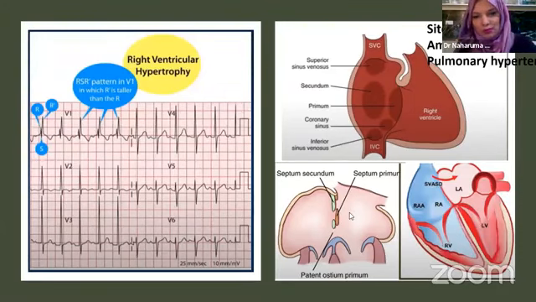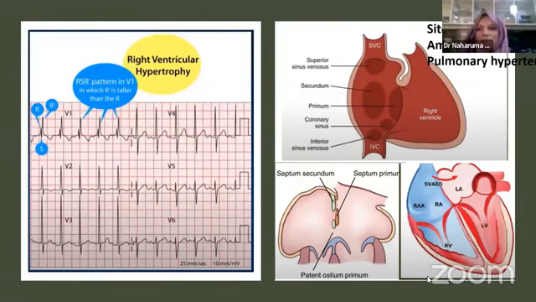My slide is not moving. Does my slide is visible? No. হ্যাঁ। Slide yep. দেখা যাচ্ছে কি, দেখা যাচ্ছে না? Not yet. Okay, then I have to share again.